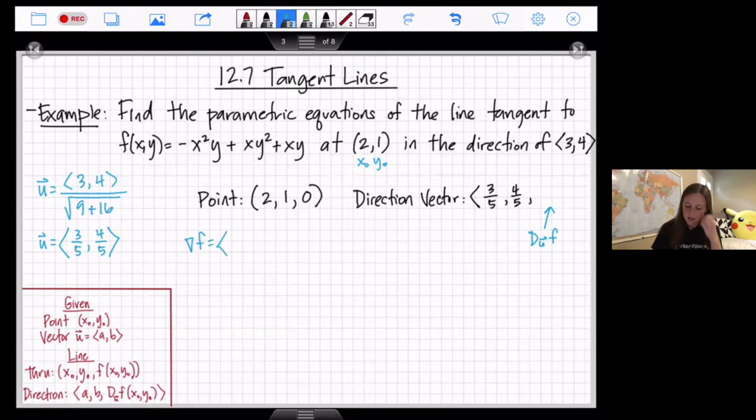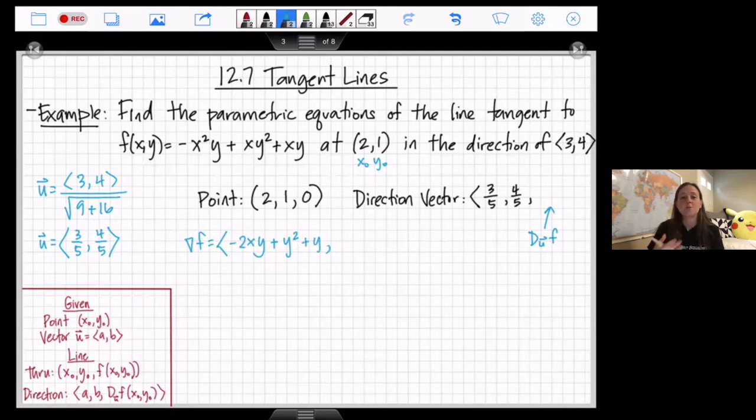So the first thing I'm going to do is calculate my gradient. Our gradient comes from taking the partial of f with respect to x. Back up to my function, with respect to x I'm going to get negative 2xy, treating y like a constant, plus the derivative of x times y squared, which is just the constant y squared, and then the derivative of xy with respect to x is just y.